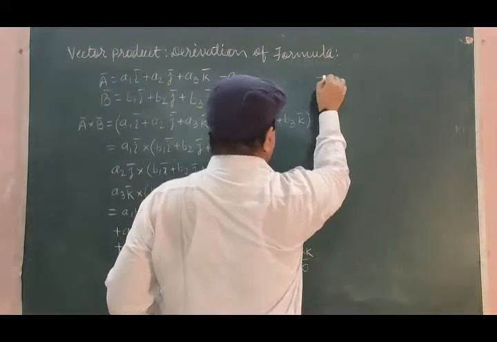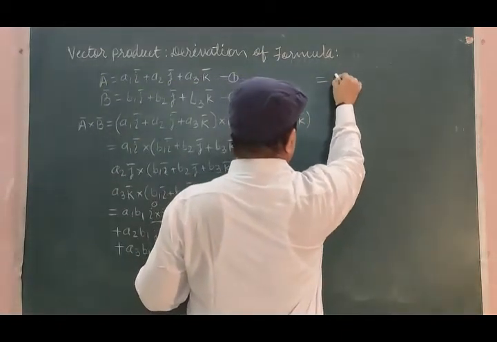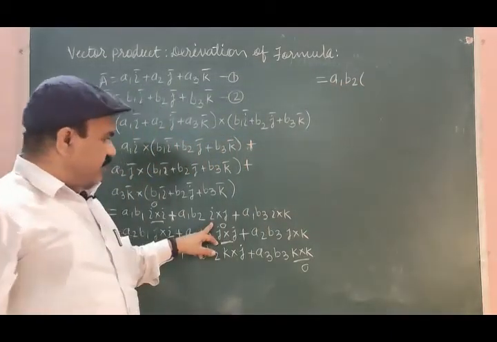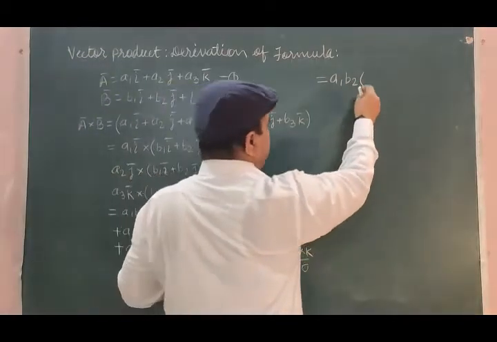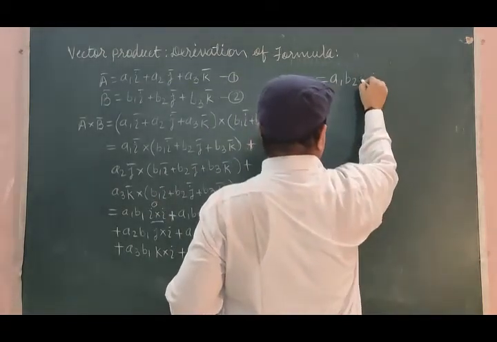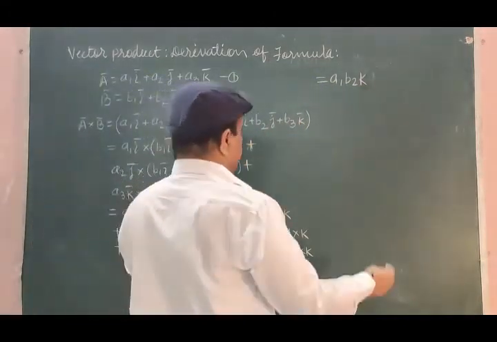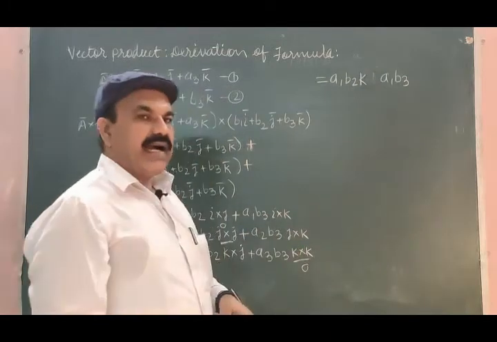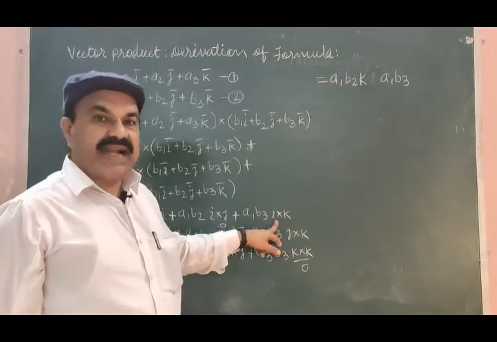This is equal to a1b2, what is i cross j? k. Let me directly put k here. Then a1b3, i cross k. i cross k is minus j.